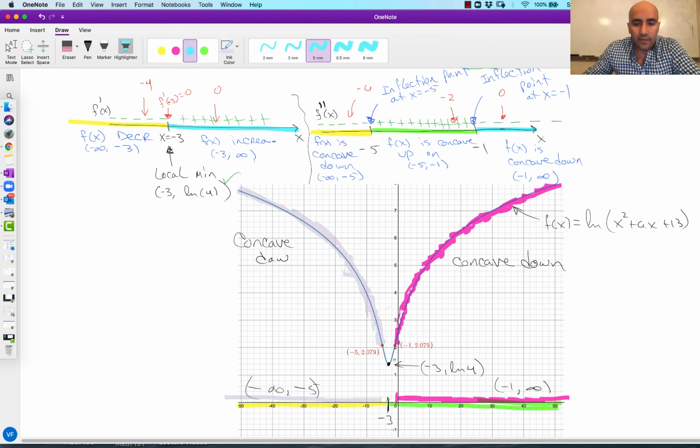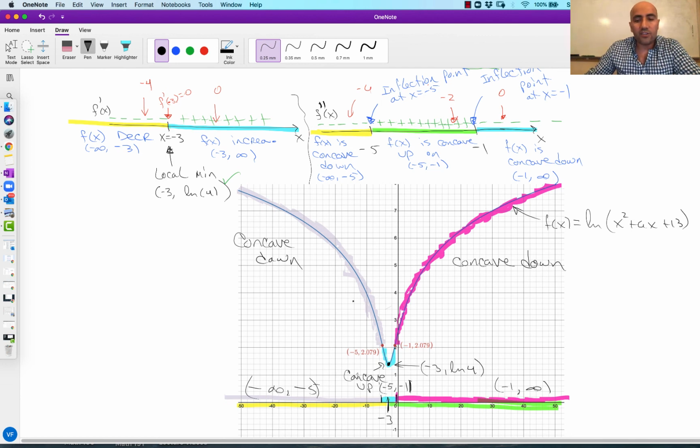This is like a little tiny parabola. It's concave up in that little zone, which corresponds to this little blue guy right here. And this little zone is from -5 to -1.